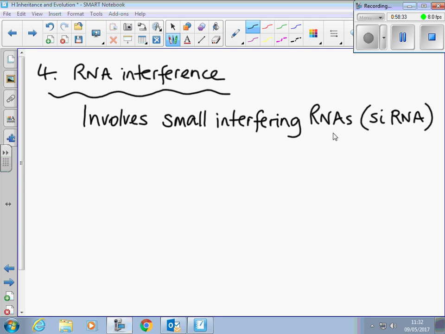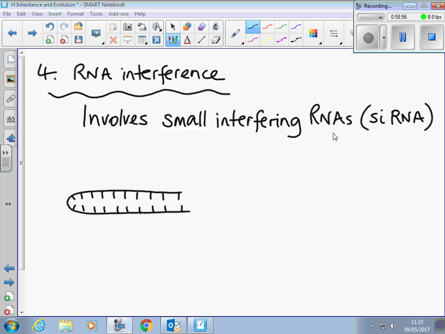It's a folded, single-stranded molecule. So you get this sort of effect. This is a small interfering RNA. So we'd have 1, 2, 3, 4, 5, 6, 7, 8, 9, 10, and then a complementary 10 like that. So that's the small interfering RNA.